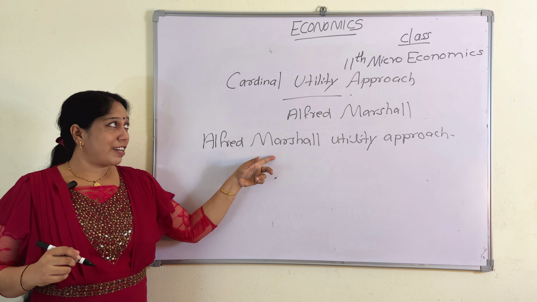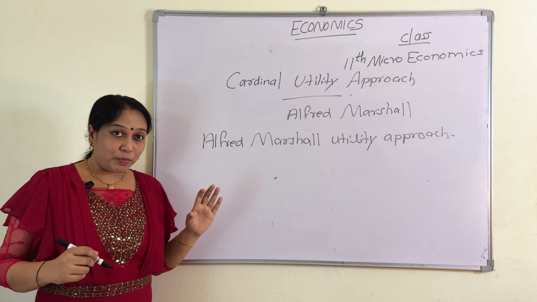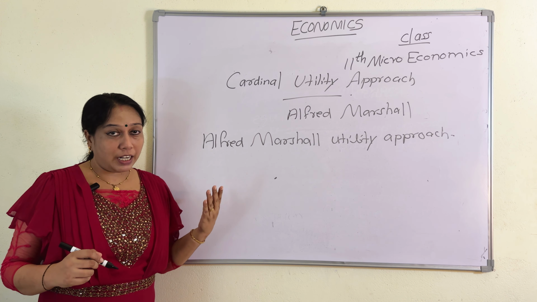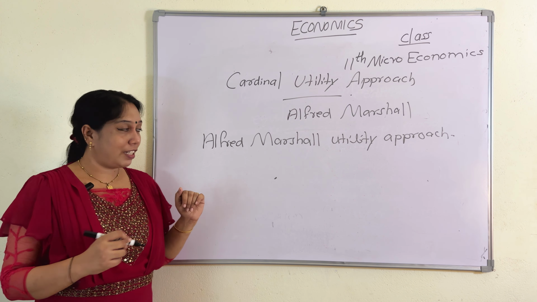According to Alfred Marshall, utility can be measured in terms of numbers, that is 1, 2, 3. Means utility can be measured in terms of cardinal numbers.